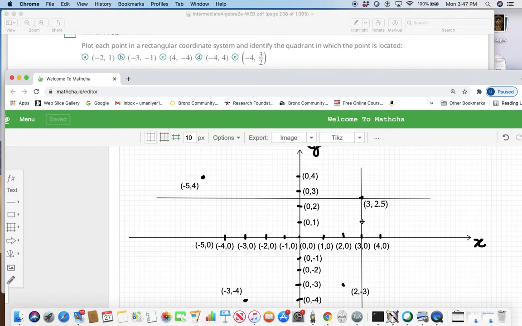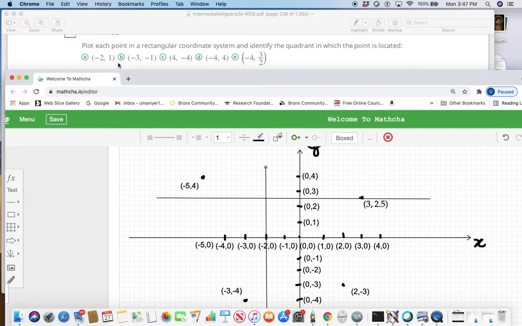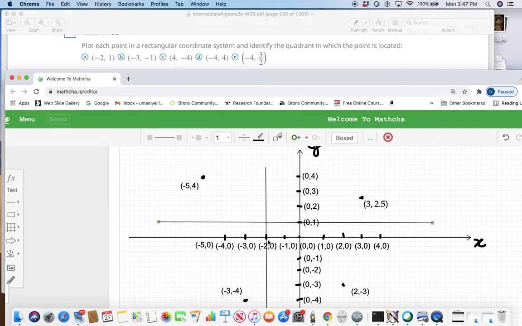So I place my vertical line at negative 2. Y coordinate is 1. I take my horizontal line, place it at 1. So that's your point, negative 2, 1.